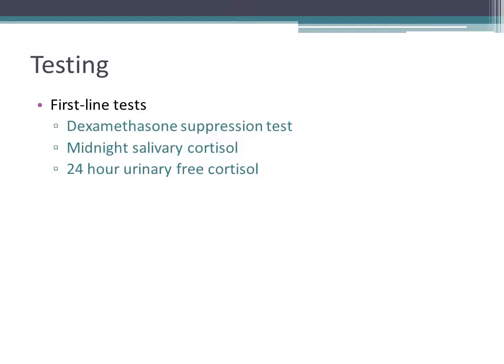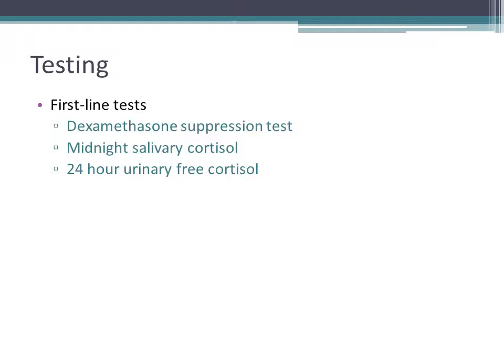Dexamethasone is supposed to suppress your cortisol production. That's the normal physiology. So if somebody takes 1 milligram of dexamethasone at night, the next morning their cortisol level should be very low, and there is a cutoff for that. If the patient does not have this suppression, it means that there is another reason, or there is an autonomous production of cortisol, and that is considered a positive test.